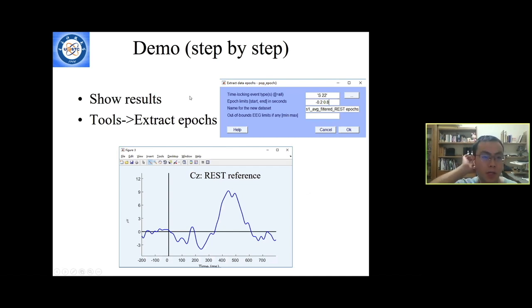Next, you can use EEGLAB to show the results, click Tools and extract epochs, and plot the waves such as the CZ channel with REST reference. You can get the ERP wave with REST reference.